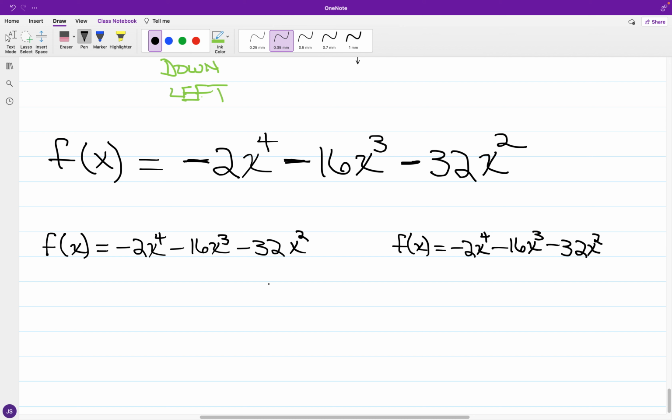Okay, for this fourth order polynomial expression, we look for the zeros. So here we have the expanded form, whereupon f of x is equal to negative 2x to the fourth minus 16x cubed minus 32x squared.